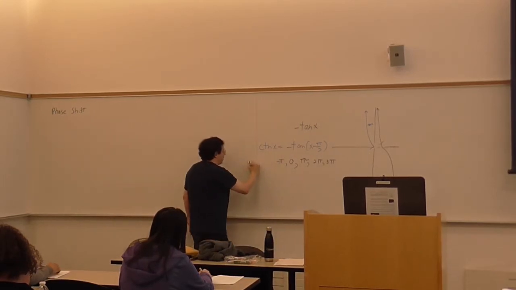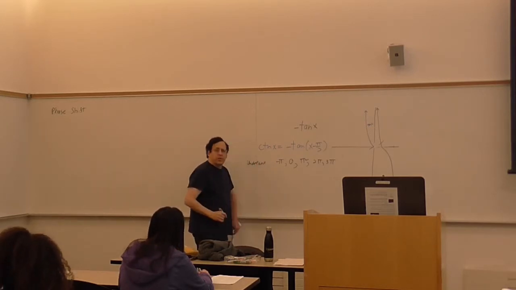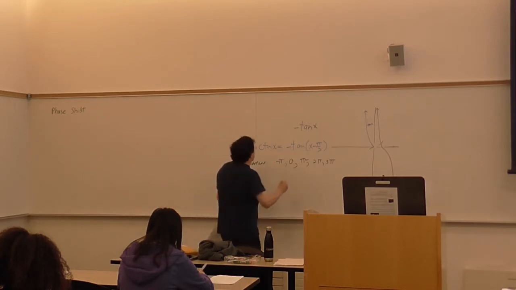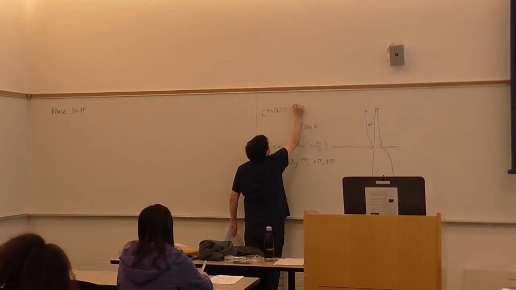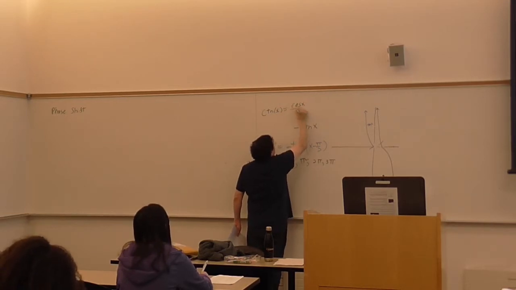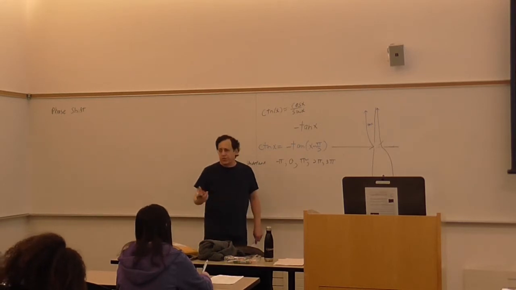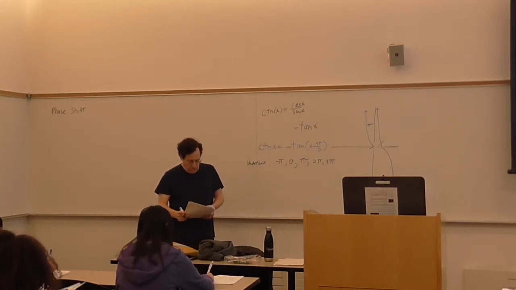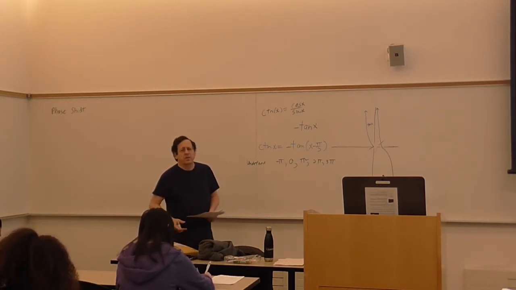So it's undefined at these places. That's where the asymptote is. If you recall, we defined the cotangent as the cosine over the sine. So these are precisely the points where sine is equal to 0. What's the function's period?